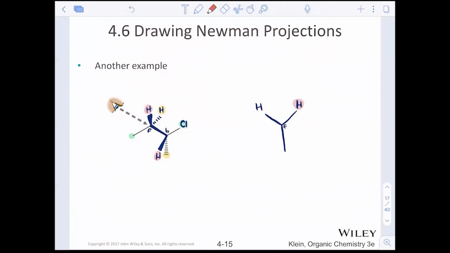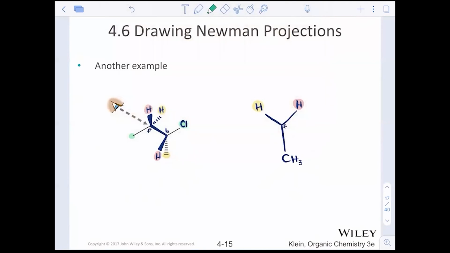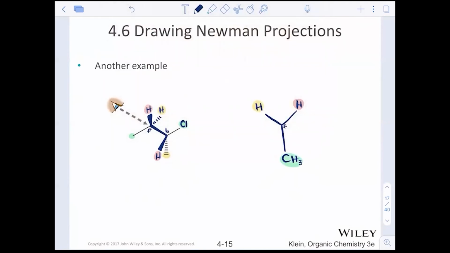The right hydrogen and the left hydrogen. And what's down at the bottom? A CH3 group. I'm going to write in the CH3 just so that we can see it. Okay. Front carbon, done.